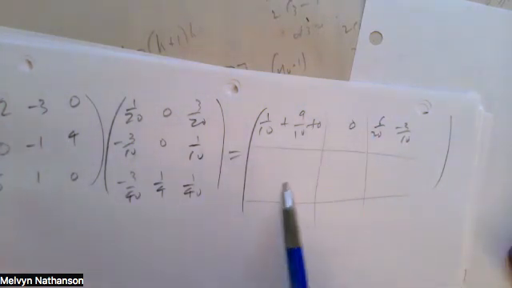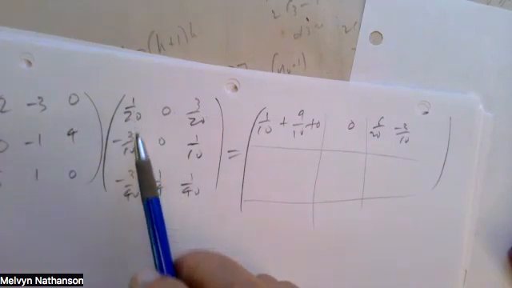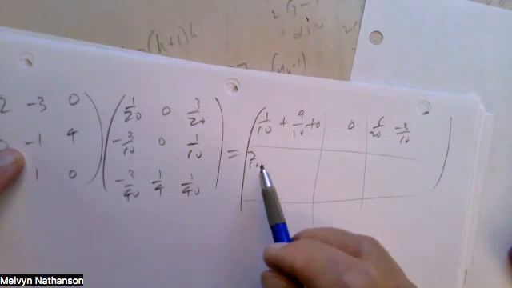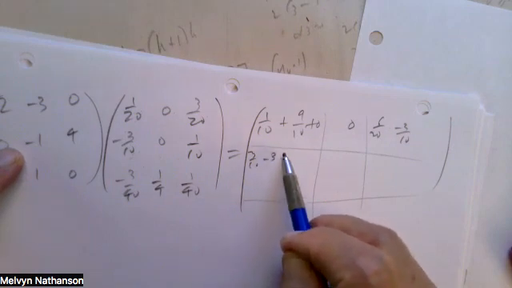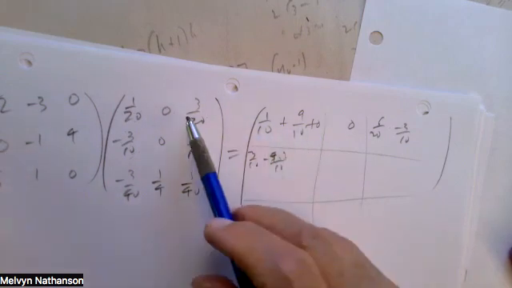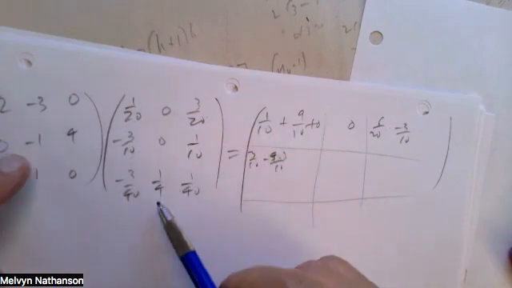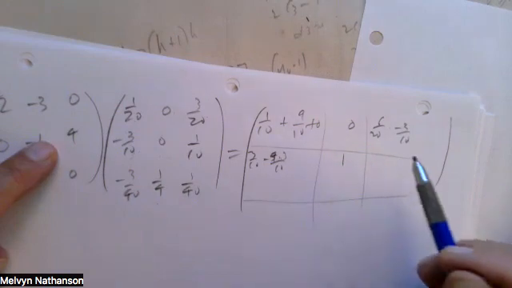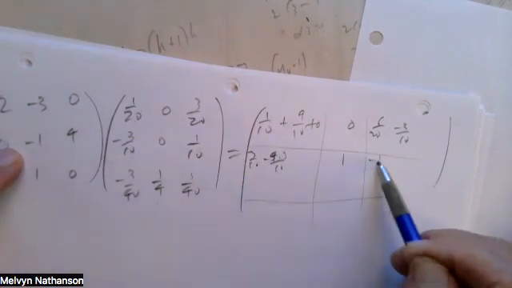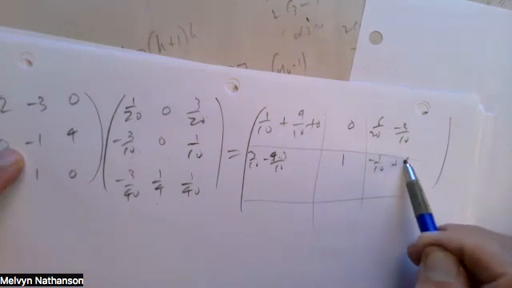Okay, that's the first row. Second row, I get 0, 3/10 minus 3 times minus 4 times 3/10. Then I get 0, 0. 4 times a fourth is 1. 0 minus 1/10 plus 4/40.